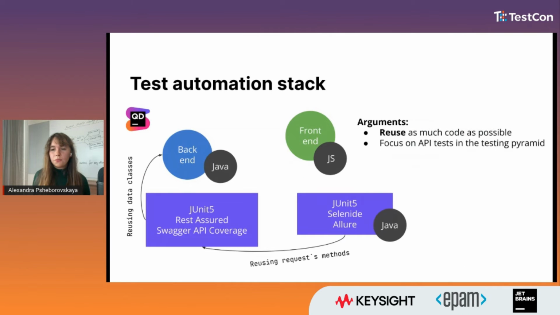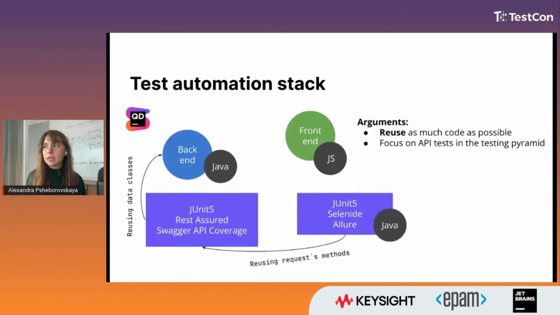Of these three possible options, the Kadana team chose the first one, because of two reasons, I think. First of all, we wanted to reuse entities wherever possible, so it's the first variant.